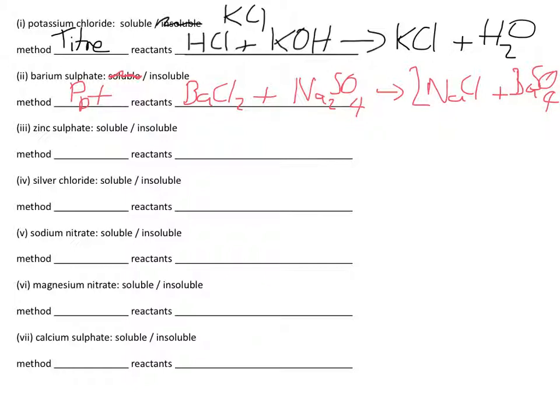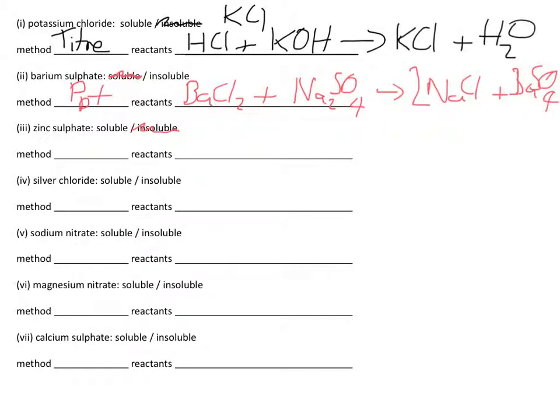Now, zinc sulfate. Is zinc sulfate soluble or not? We're down on to number 3. Well, zinc sulfate is soluble. And before we choose the technique for soluble ones, we need to decide on our reactants. So let's have a think about what could provide the zinc and what could provide the sulfate.